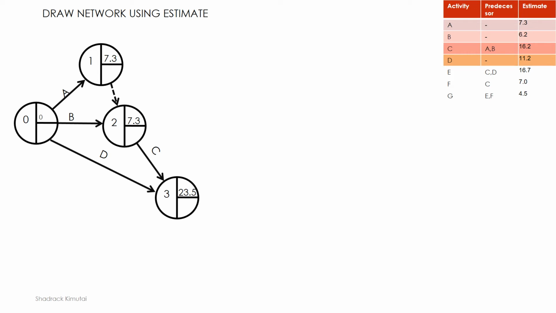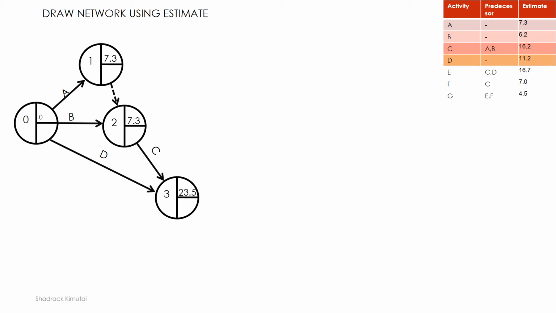D takes 11.2. Now, since they are converging at that event number 3, and remember that you are working on the earliest start time, if you may remember, when we were working on CPM, we said that whenever you're evaluating earliest start time or earliest finish time, we always take the larger value.